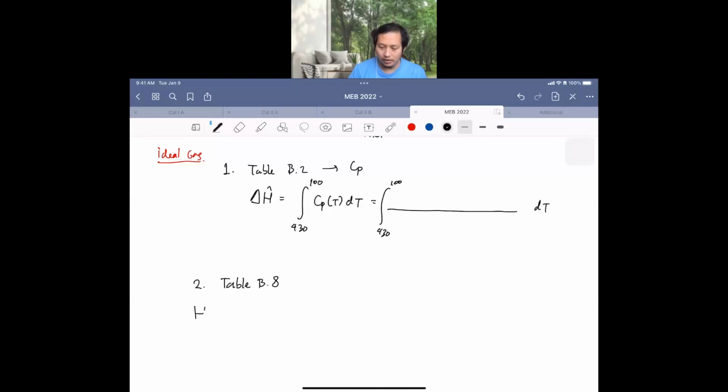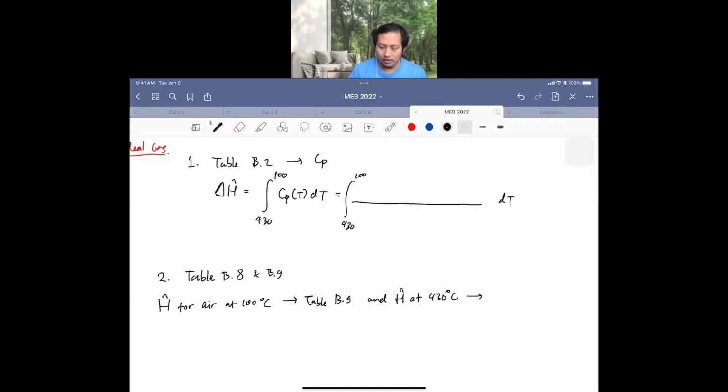So the specific enthalpy for air at 100 degrees Celsius, we can use table B9. This is table B9, and specific enthalpy at 430 degrees Celsius is going to be estimated by linear interpolation.